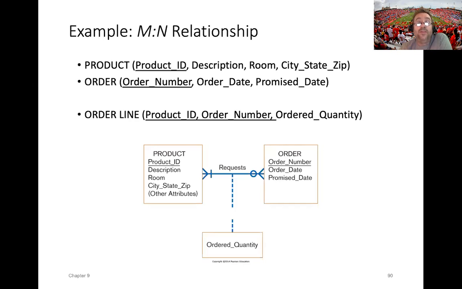We would create a new gerund, this associative relation called order line, where the product ID, primary key of product, and the order number, primary key of order, become the new composite primary key of our gerund order line, which is therefore made up of product ID and order number. I've also got ordered quantity because it makes sense, in the nature of the relation between product and order, to include that attribute.